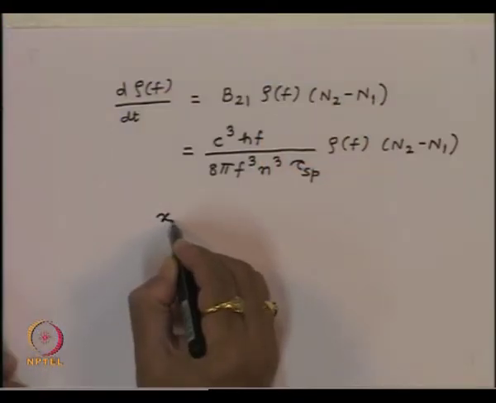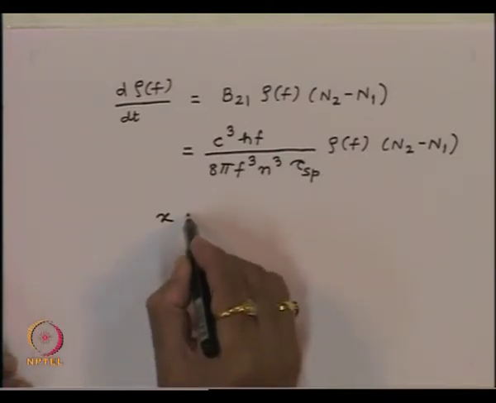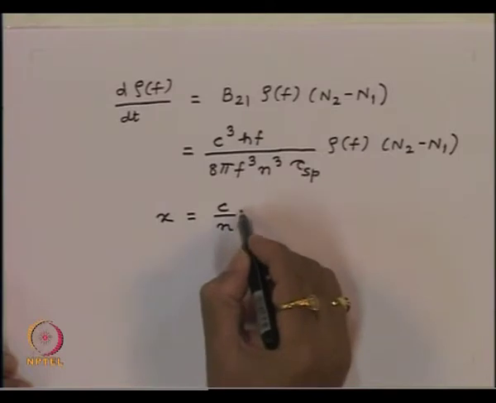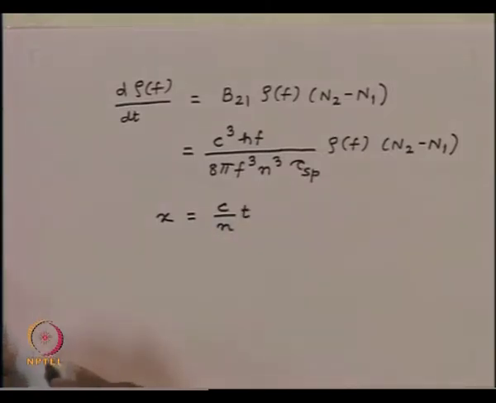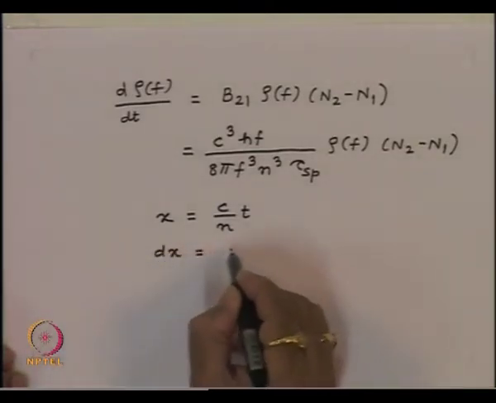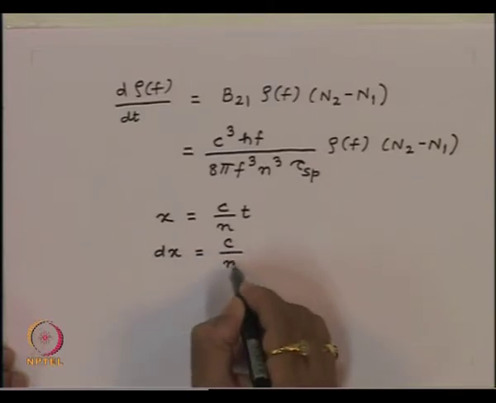That means, as the photon flux is growing as a function of time, the photon is also moving in space. And we know that the distance x traveled by the photon is equal to the velocity of light, which is c by n, into t. So, we can write from here that dx is equal to c by n into dt.